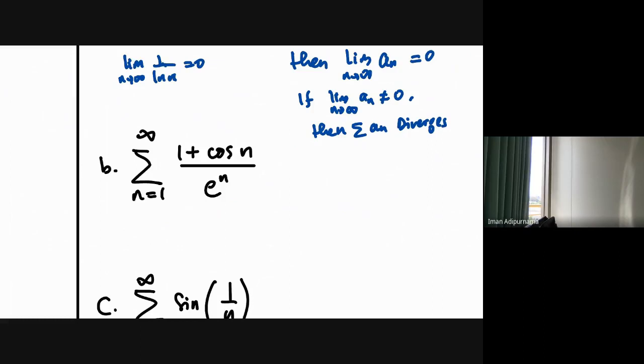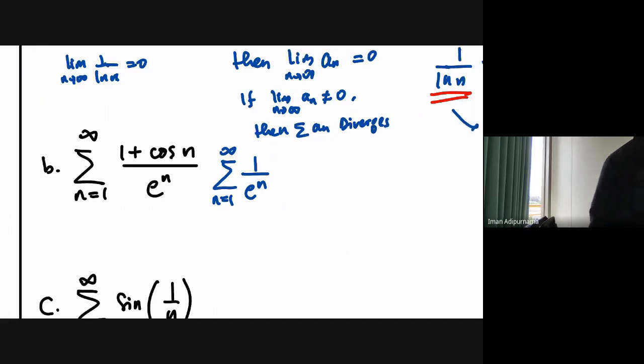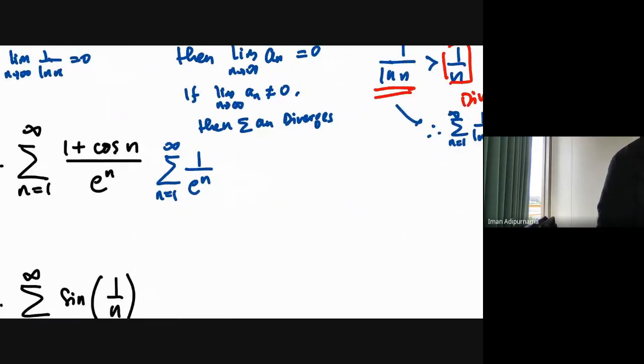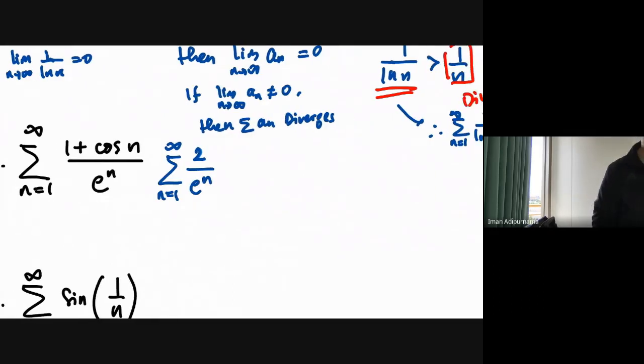So you can observe the 1 over e to the n. So you can look at this first from 1 to infinity. Or not 1, let's just say 2, because cosine can be 1, right? So 1 plus 1 is 2. Okay, let's say 2.